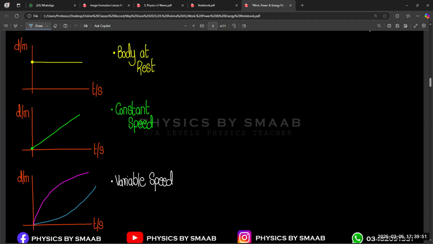So these two variations are possible. The first one, the purple line, represents a decreasing curve or decreasing speed.